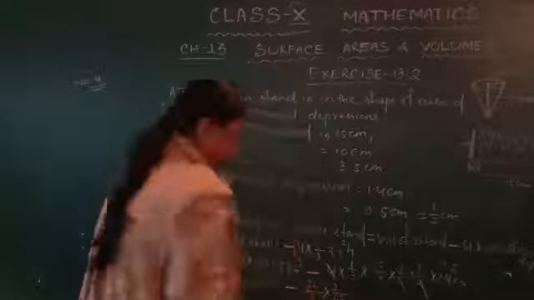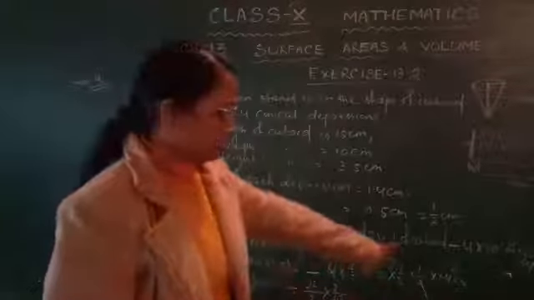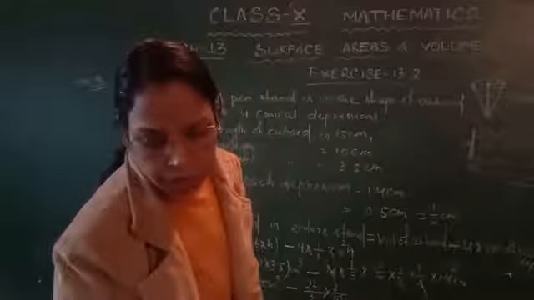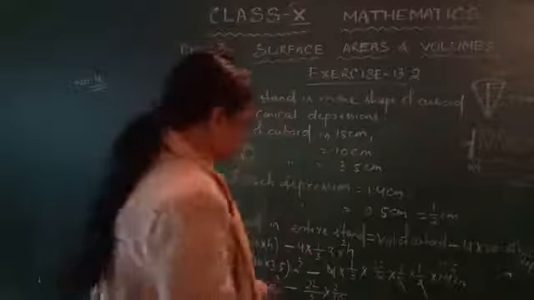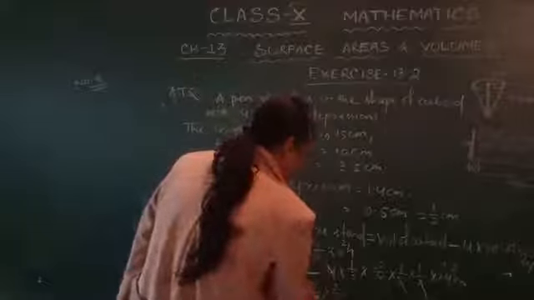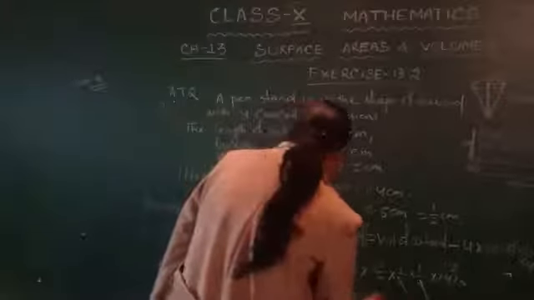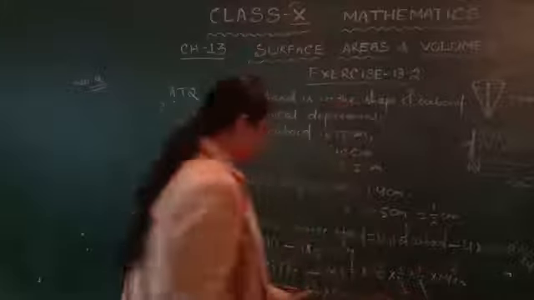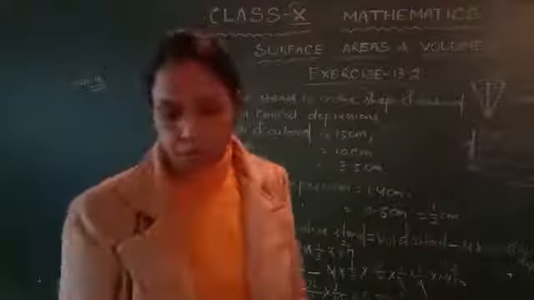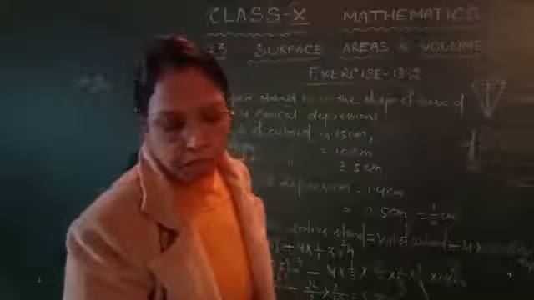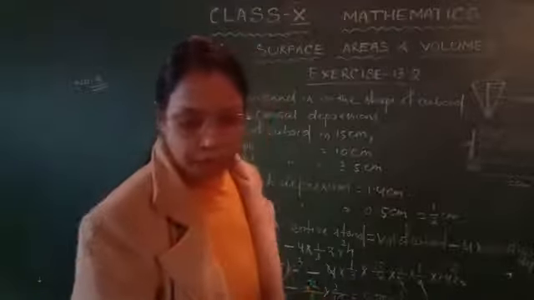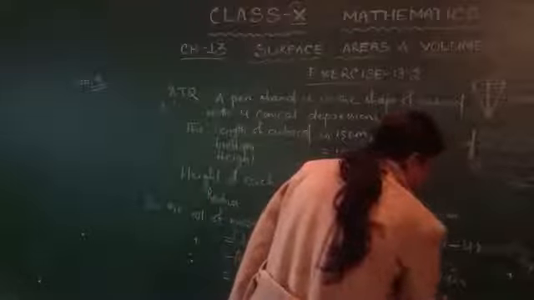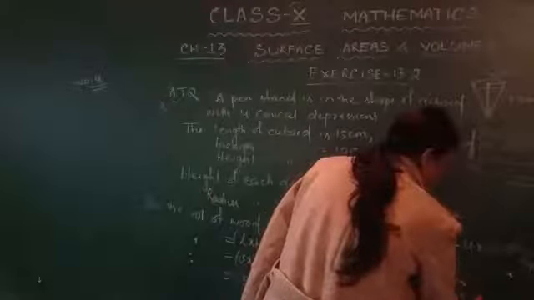So that is 525 centimeter cube minus 22 into 2, that is 44, divided by 30, which is equal to 1.47 centimeter cube.